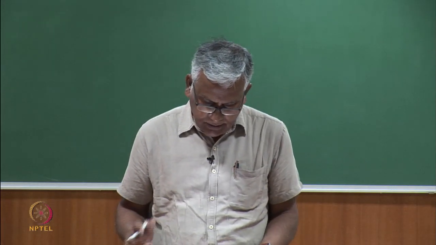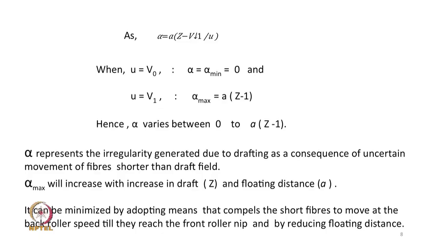The other extreme is u is V 1. In that case, the value will be a into z minus 1. Hence, alpha varies between 0 to a into z minus 1.